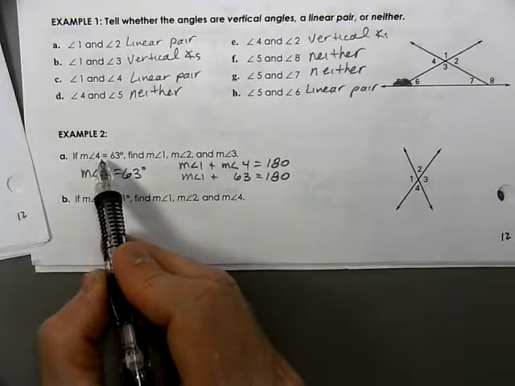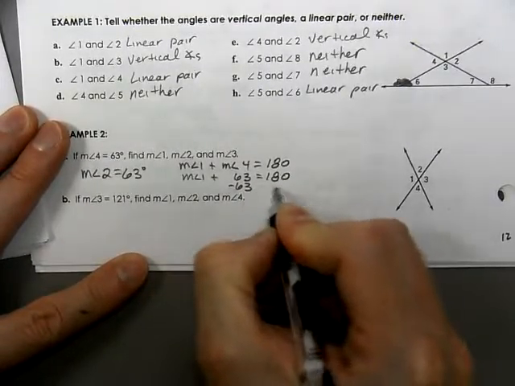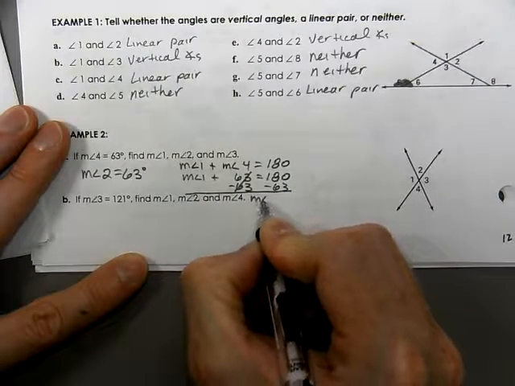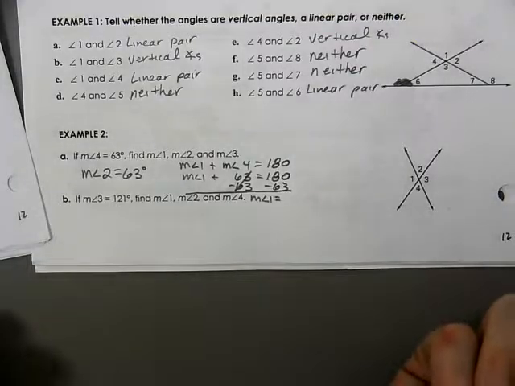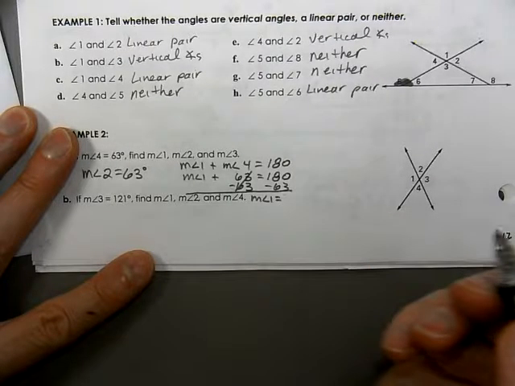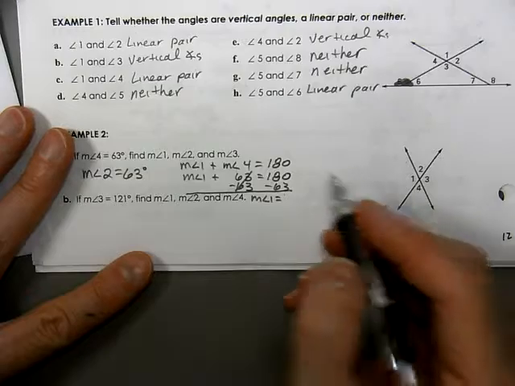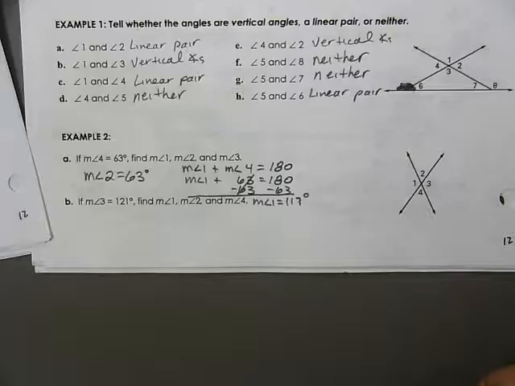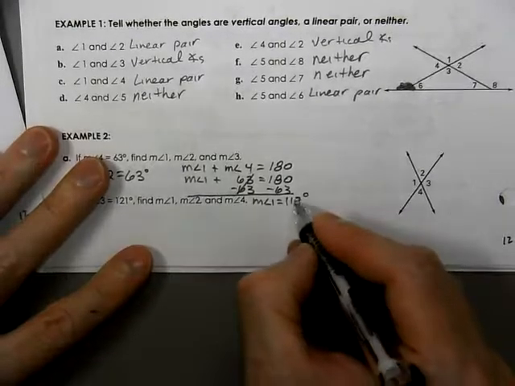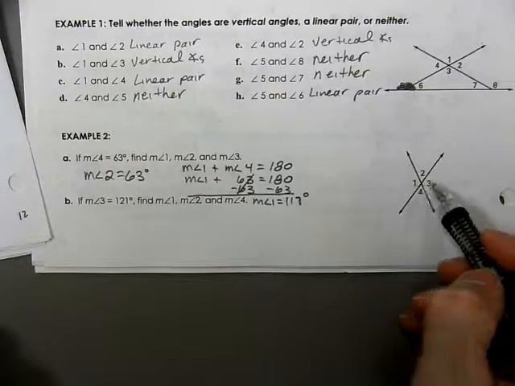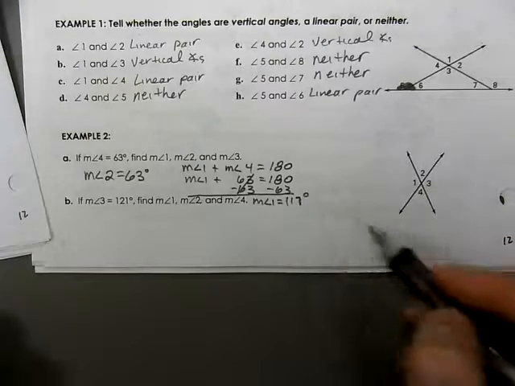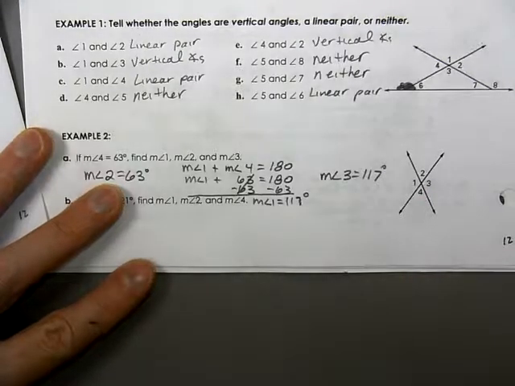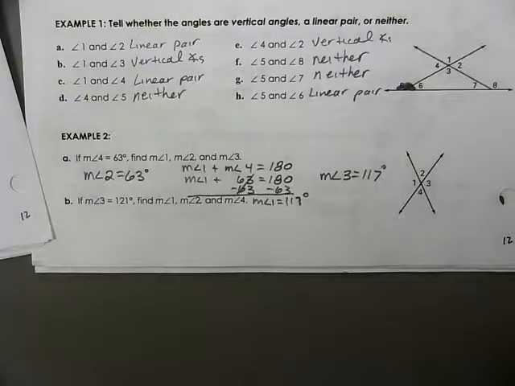We know the measurement of angle 4 is 63. So we're going to know that this is 117 degrees. And then angle 3 would be vertical to angle 1. So it's also going to be 117.